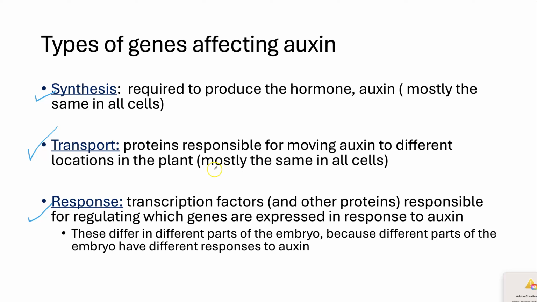This is not 100% true. There are some transport proteins that are found in one cell type, but in general, the responses will be the same in all cells. Whereas the responses, different parts of the embryo have a different set of target genes that they might transcribe or repress in response to auxin signaling. And so these are going to be quite different in different parts of the embryo.